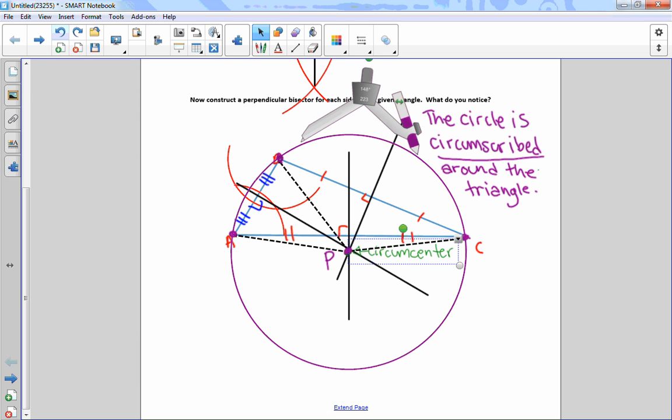Two vocabulary words that you might not be familiar with. Circumcenter is that point we found where the perpendicular bisectors intersect each other. And circumscribe. The triangle is inside the circle. And the circle only touches the triangle 3 times at each vertex.